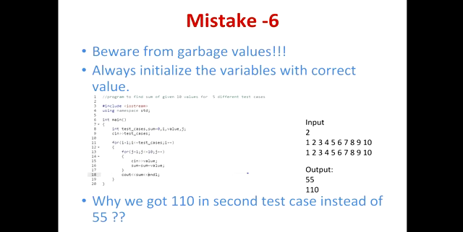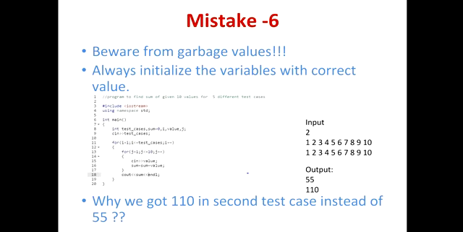What you are doing is taking sum equals 0 and running it for various test cases. Like in our input, we are giving 2 as the number of test cases, and this is the input. The first one is 1, 2, 3, 4, 5, 6, 7, 8, 9, 10. The second one is 1, 2, 3, 4, 5, 6, 7, 8, 9, 10 again. Now if we give this input, we'll have the result as 55 and 110. 55 is correct, but 110 is not.